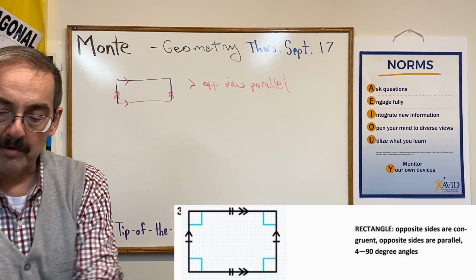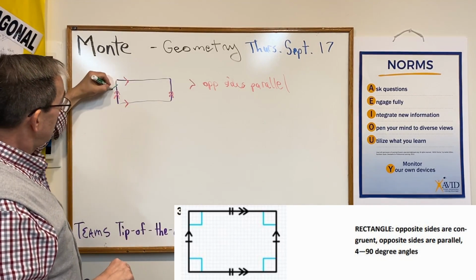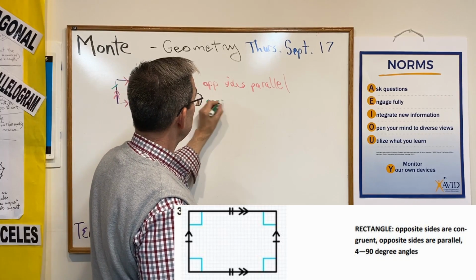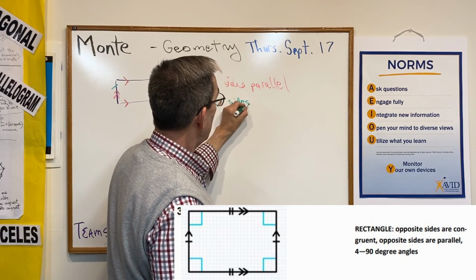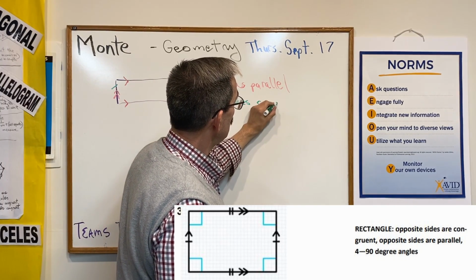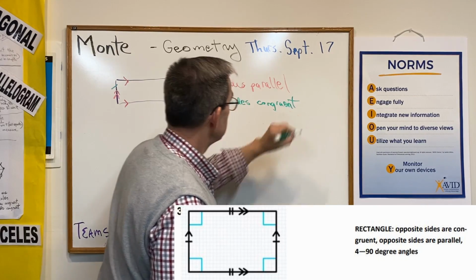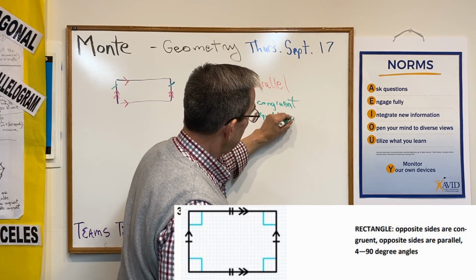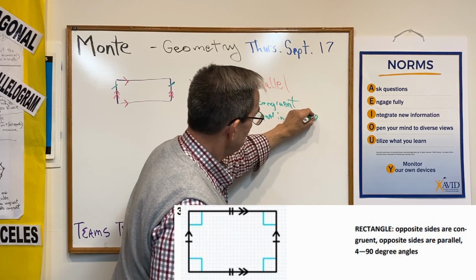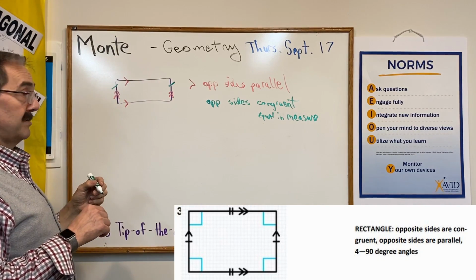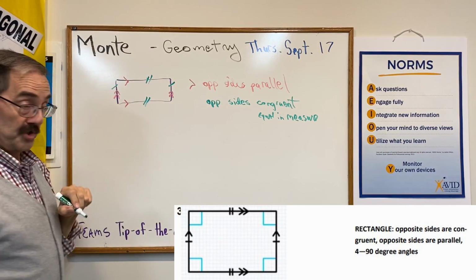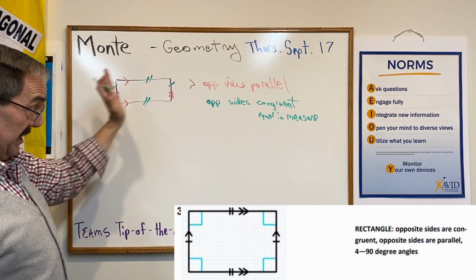Let's do the congruent part. Equal measure. Opposite sides are congruent, which means equal in measure. What else? The other ones. So 2 hash marks, because top goes to bottom, side goes to side.